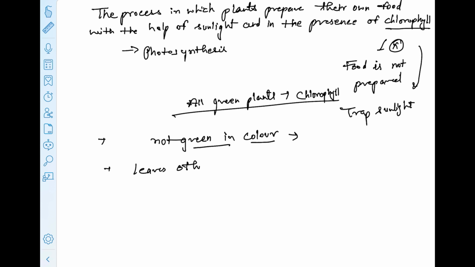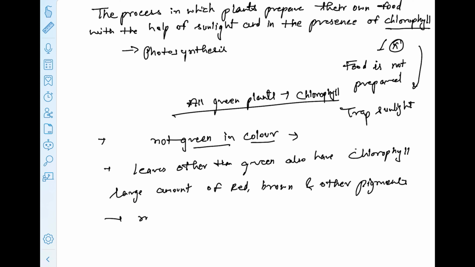Leaves other than green also have chlorophyll, but a large amount of red, brown, and other pigments mask the green color. So the plants other than green also carry out photosynthesis.